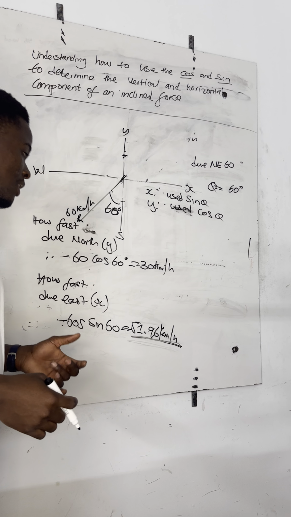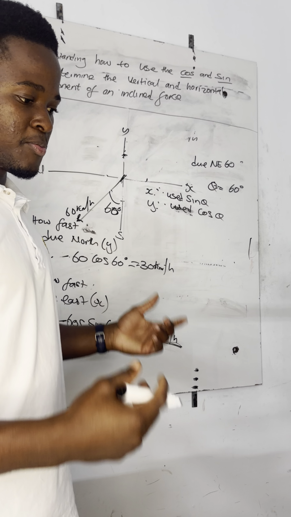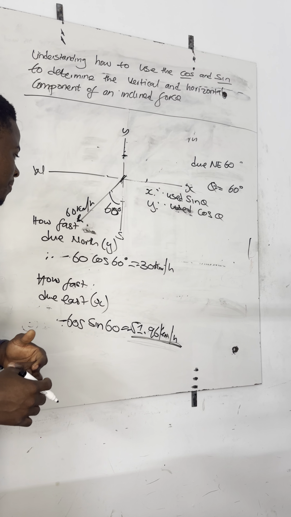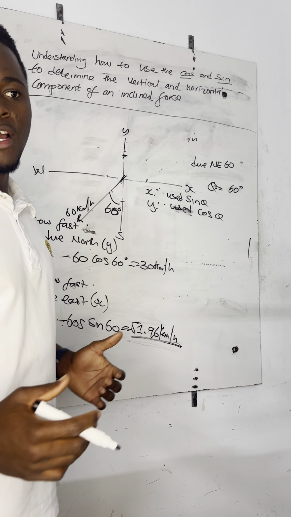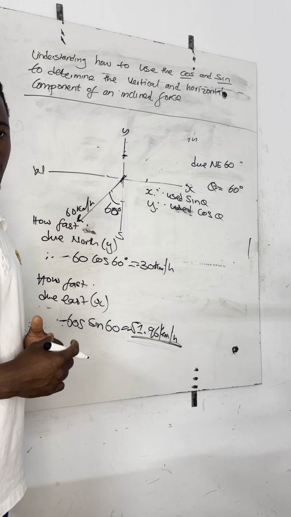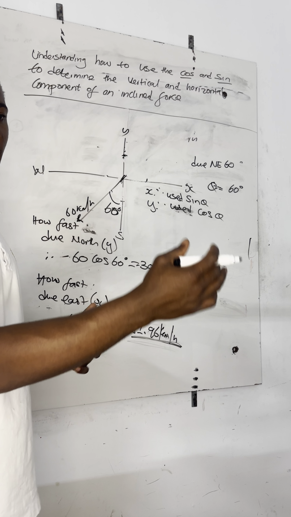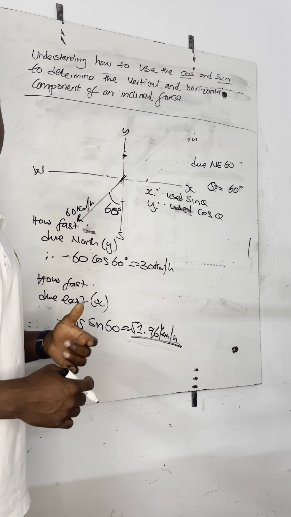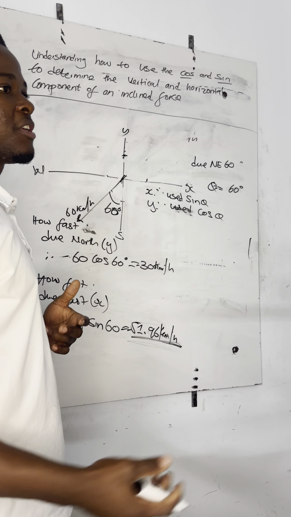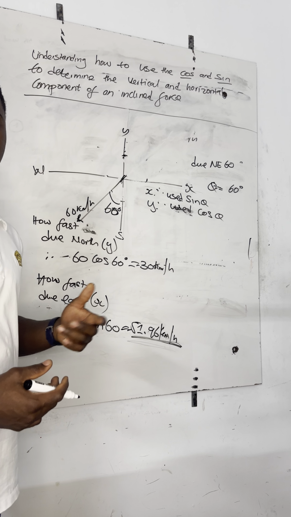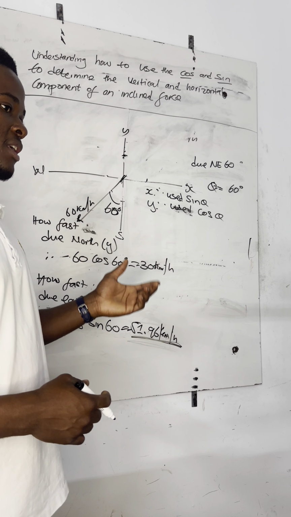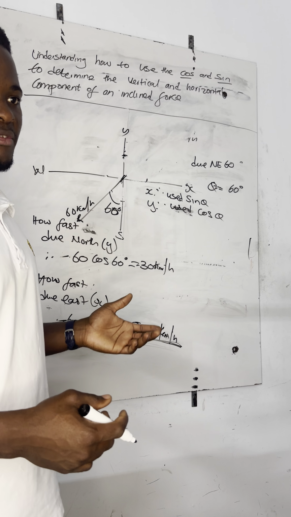But as we all know, there is no such thing as negative speed. Either their relativity is reducing. If the car is moving relative to me, that means with respect to me, the car is moving in a negative direction, while with respect to the car, I'm moving in a positive direction.